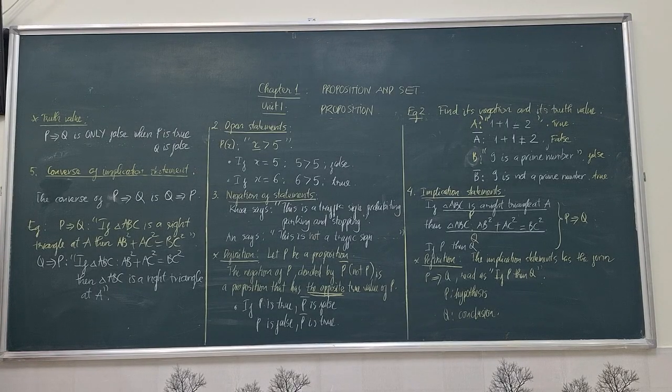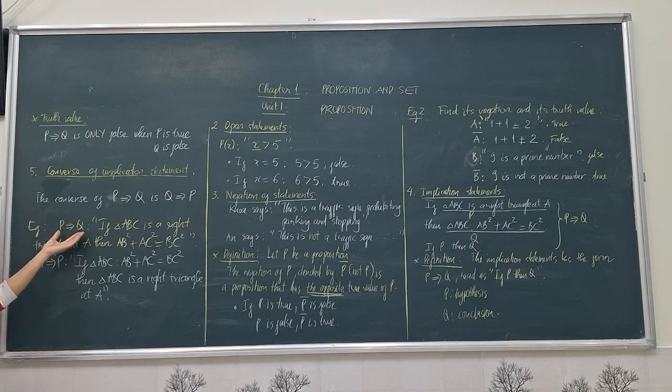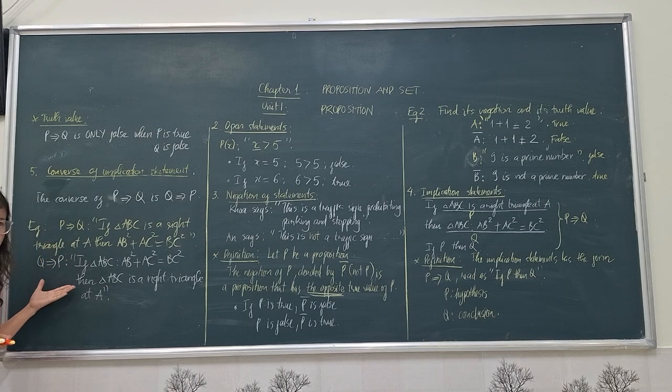Now, I have a question for everyone: determine the truth values of the implication P then Q, and Q then P, because we know that is the Pythagorean theorem.